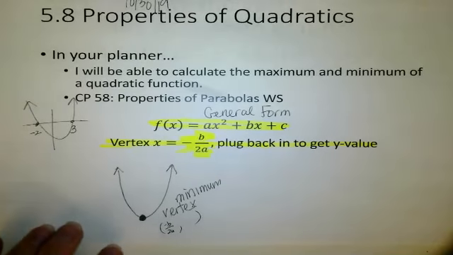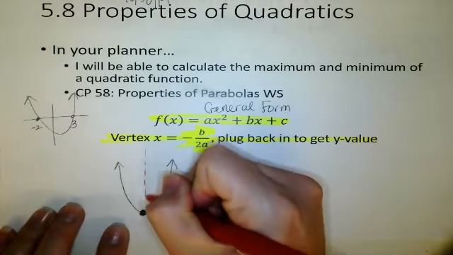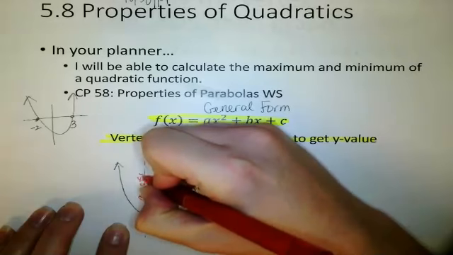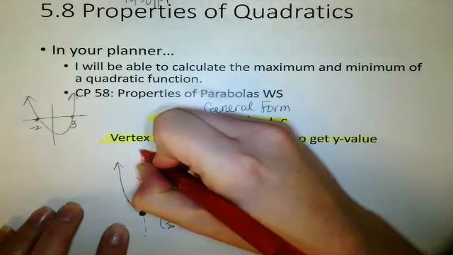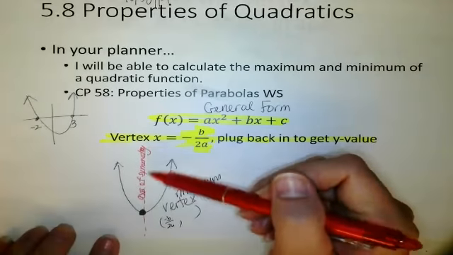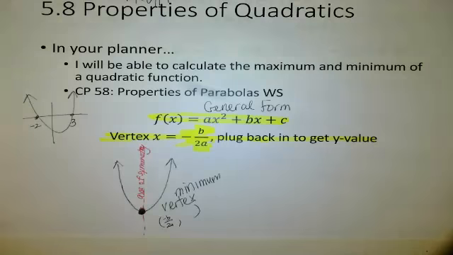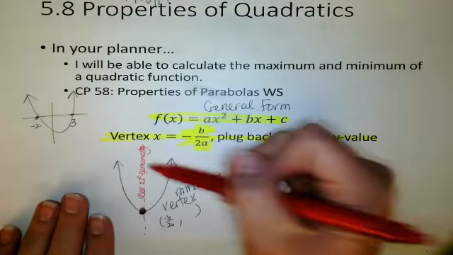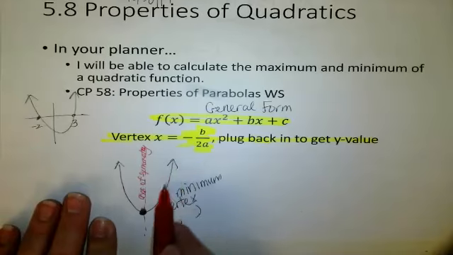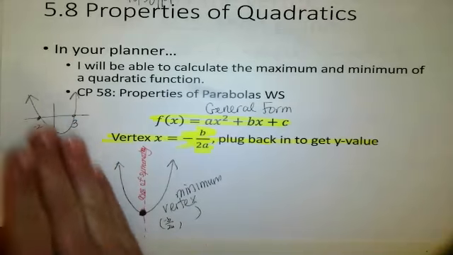The other thing a parabola has is what's called an axis of symmetry. This is just vocabulary. Axis of symmetry is the line that passes through the vertex, and it's this vertical line, and it is a line of symmetry, meaning that the right side of the parabola is just a reflection across that axis of symmetry, and that gives us the left-hand side.